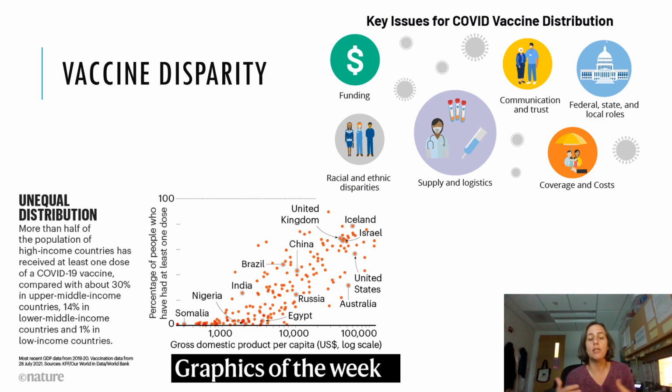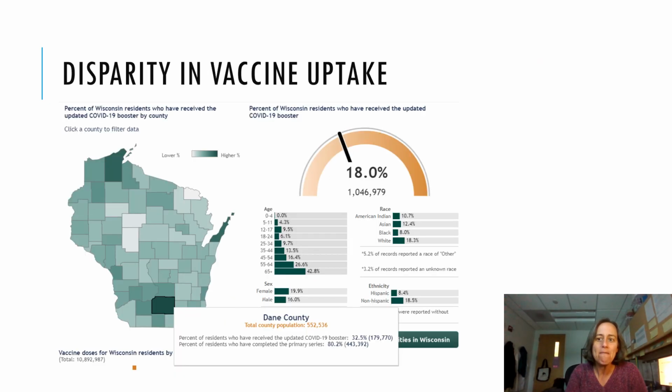So we used tax dollars because we felt that was really important to not have costs be a barrier. So there are all these different things that are going to go into it. But even if you make it easy for people to get vaccines, they still may choose not to, right? So there's where that communication and trust comes in. That did not go well with the COVID vaccine rollout for lots of reasons.